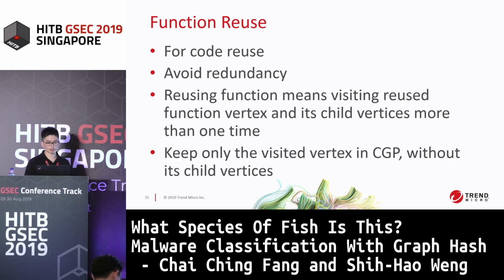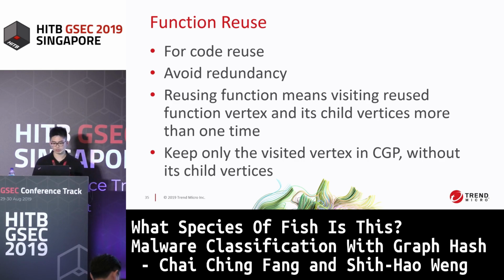The next concept that we want to discuss is function reuse. We want to show you how to deal with function reuse in building code graph patterns. In programming, function reuse is for code reuse and avoiding redundancy.